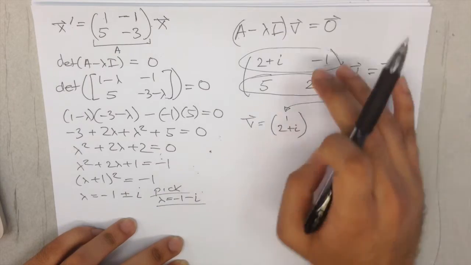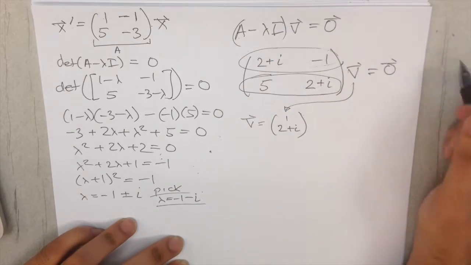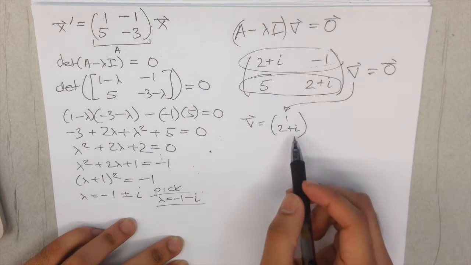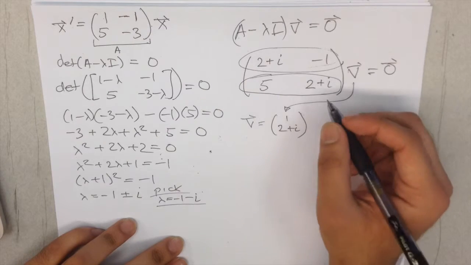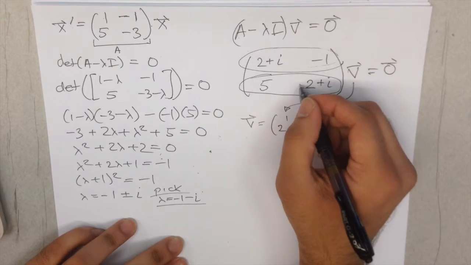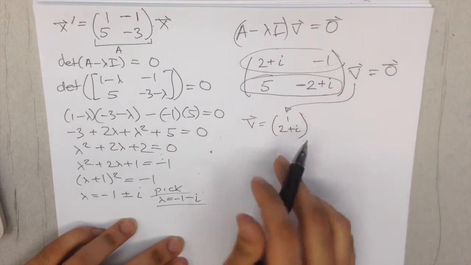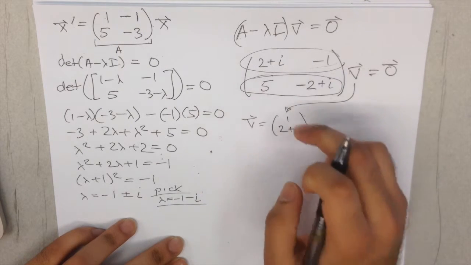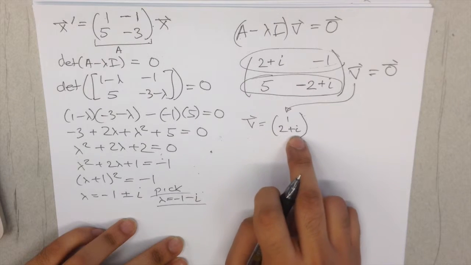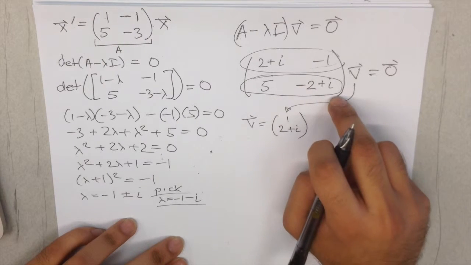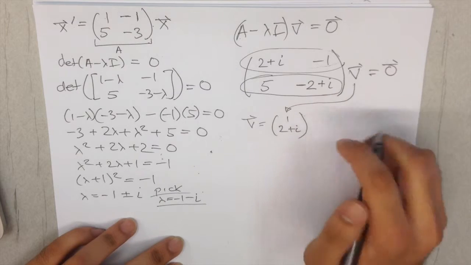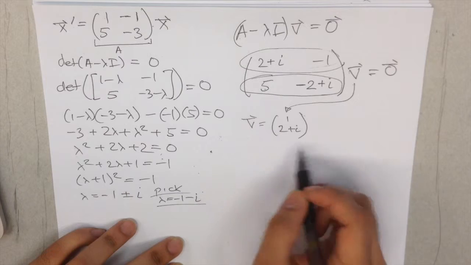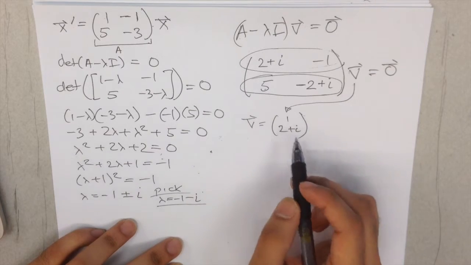If we multiply this eigenvector through with the first row, we'll see it gives 0. But we need to also test that for the second row. So if I do 1 times 5, and then, sorry, there's a negative 2 here, if I multiply 1 times 5 and (2 + i) times (-2 + i), I get negative 5. So 5 minus 5 gives me 0. That means this eigenvector is correct.